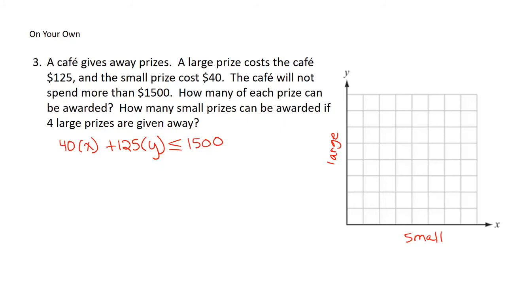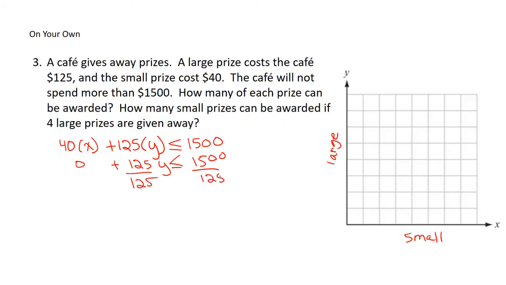And we can draw our boundary line now by using our intercepts. So when x is 0, what would y be? 125y less than or equal to 1,500. Divide both sides by 125.